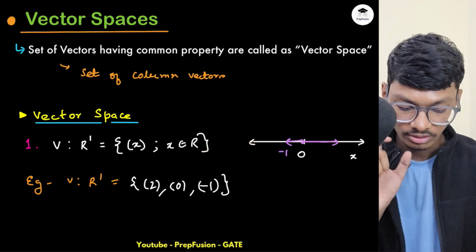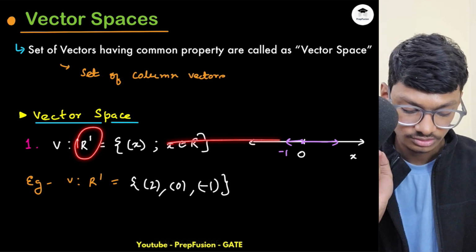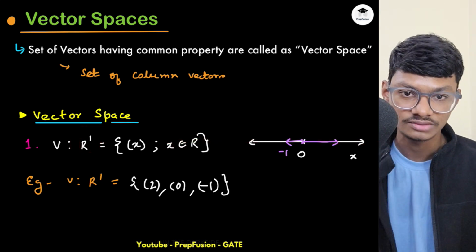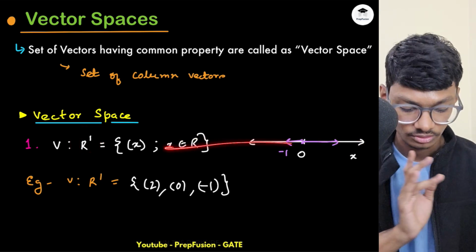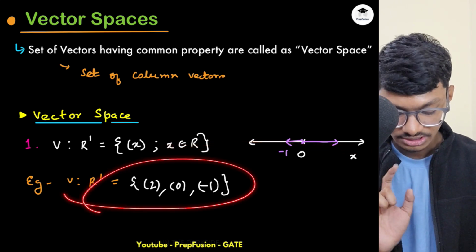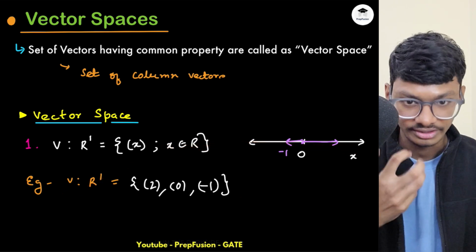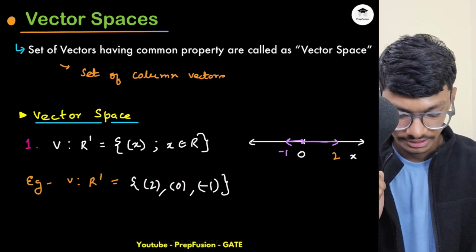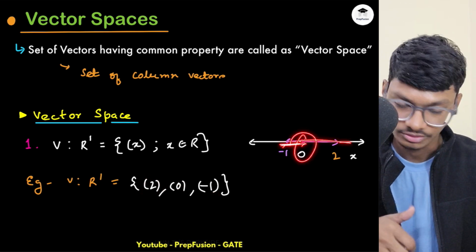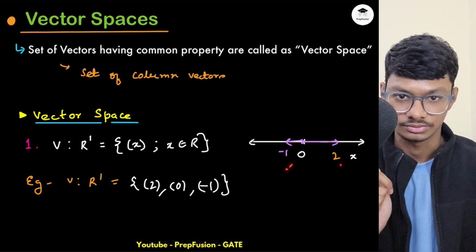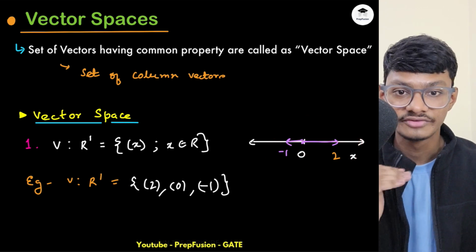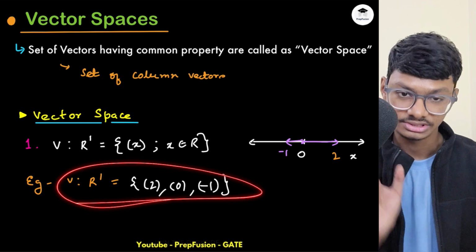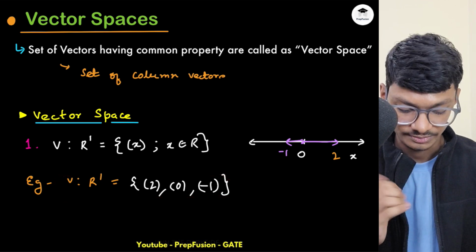R raised to power 1 covers this whole line, from minus infinity to plus infinity, all the real numbers. In this case we are only taking three vectors here, 2, 0 and minus 1. So 2 is here on the right hand side, then 0 is here, and minus 1 is on the left hand side. So I have three vectors over here. So this is a vector space over here, right?